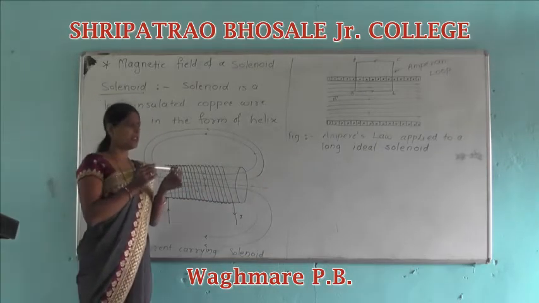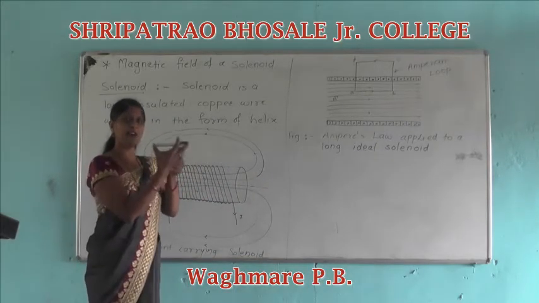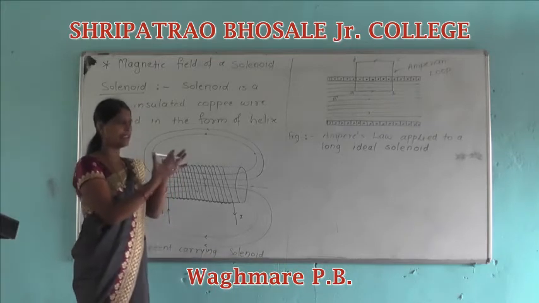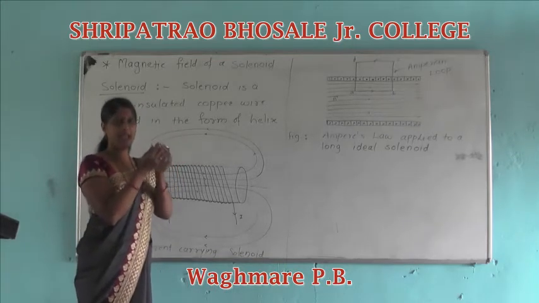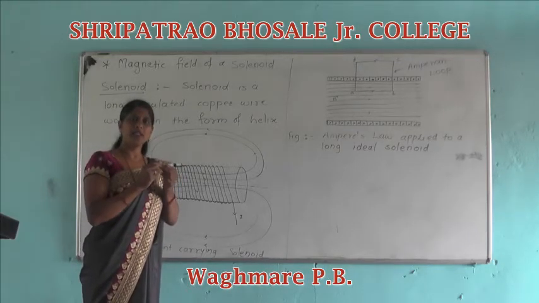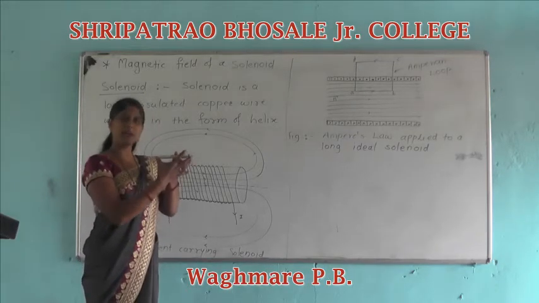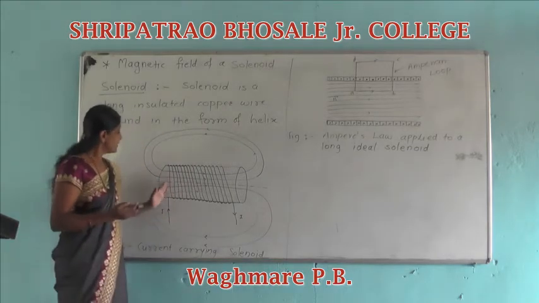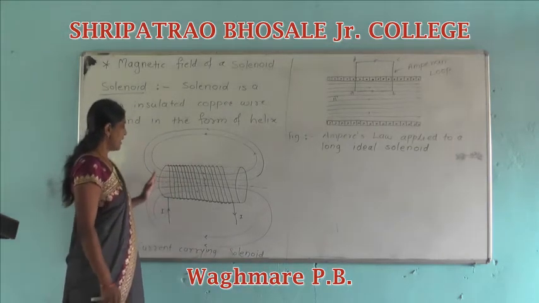Suppose this is the solenoid, the length is like this and the diameter will be like this. Therefore, the diameter of the solenoid is very small as compared to its length.